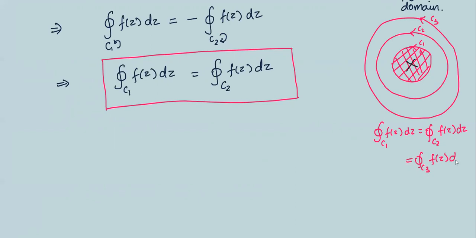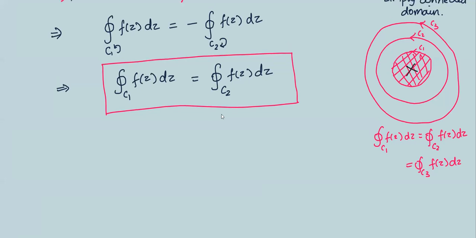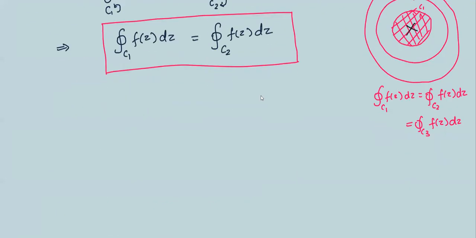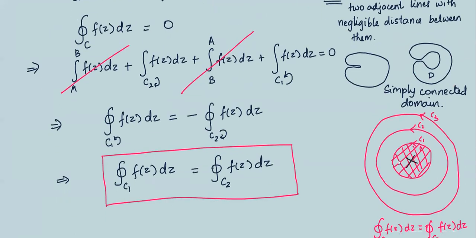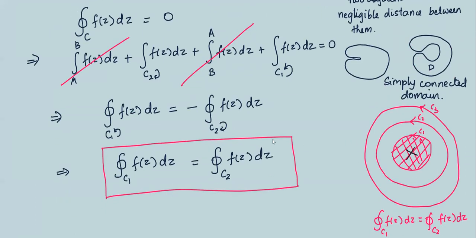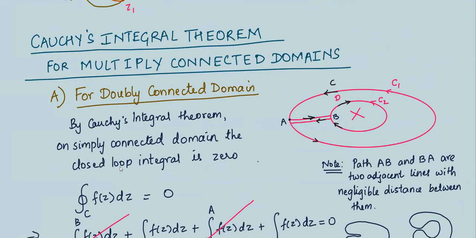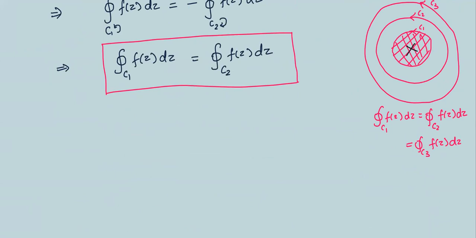This is for a multiply connected domain, and it will not be equal to 0. If it was simply connected throughout, then this closed loop integral is 0. So a doubly connected domain, we have made it simply connected. Now let us look at a triply connected domain. Very important result.